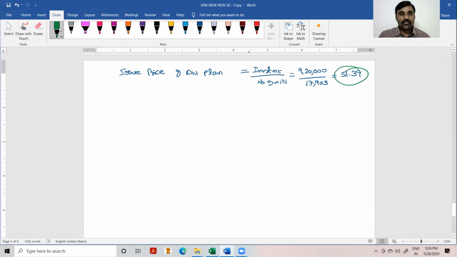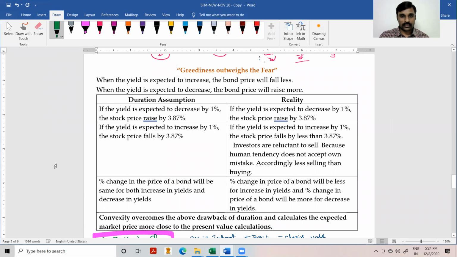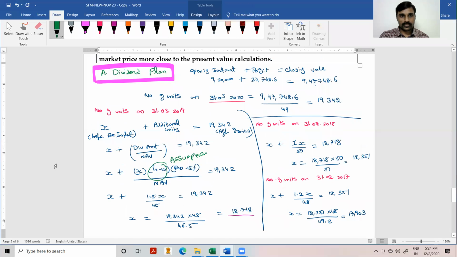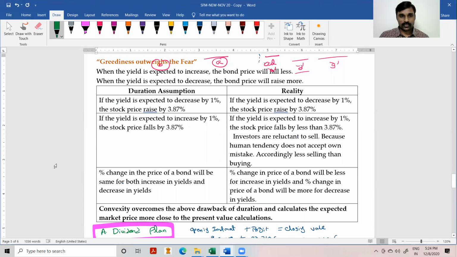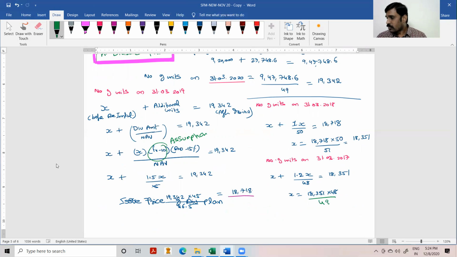Now, 48 divided by 49.2 will get 17,903. So the issue price is equal to 51.39.